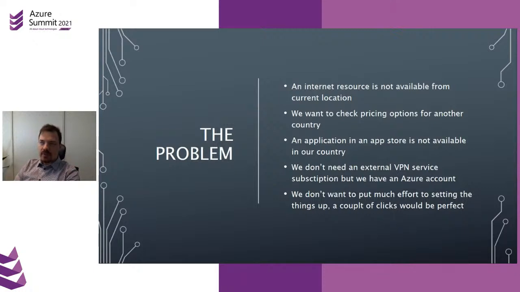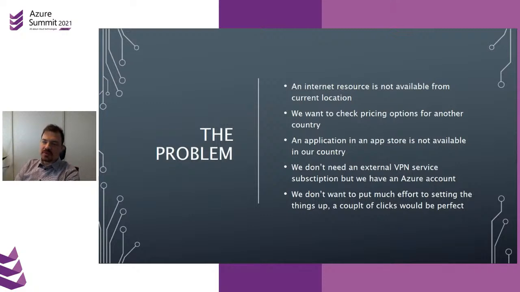Okay, we can subscribe to some public VPN service, or we can even use free ones actually. But there are limitations, obviously, for all of them. For example, yes, you can use the Opera browser, which has a built-in solution, but obviously you have to use Opera for that.